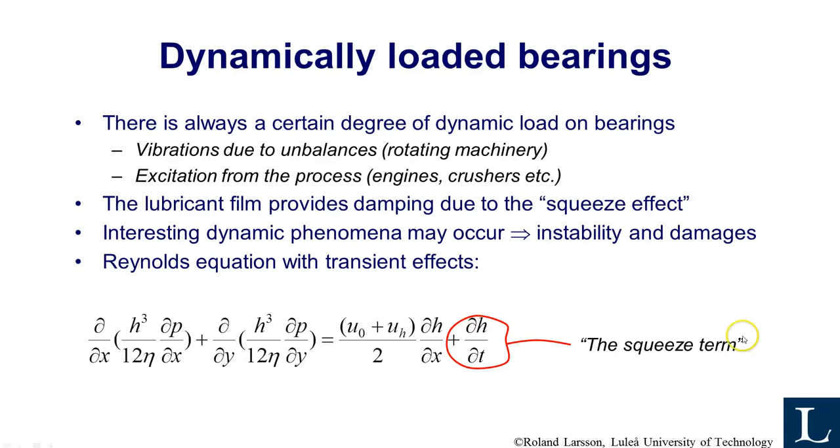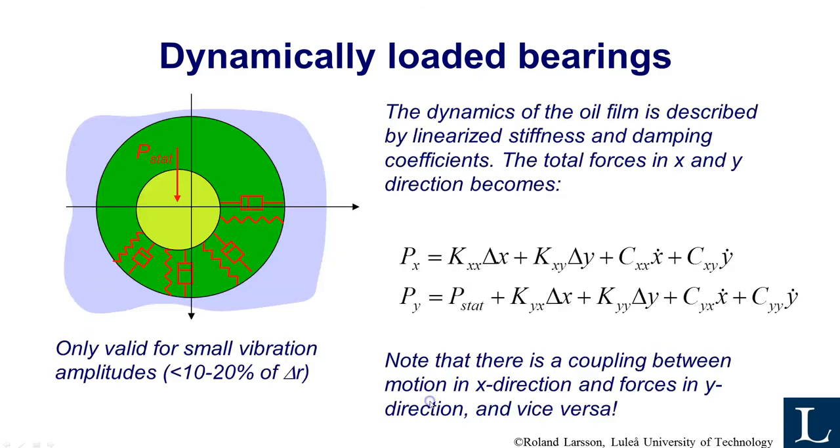Theoretically, you can solve Reynolds' equation, but then you need to introduce the time-dependent term, the dH/dt term, which we normally call the squeeze term. We are not going to discuss Reynolds' equation here, but you should be aware that's the way to do it if you want to study the lubricant film in detail.